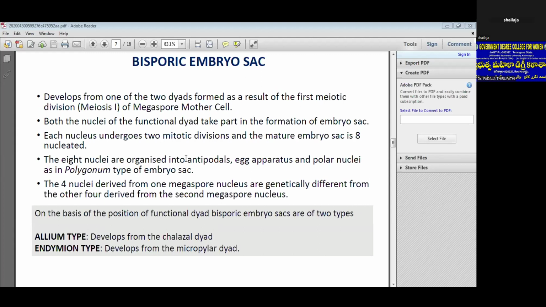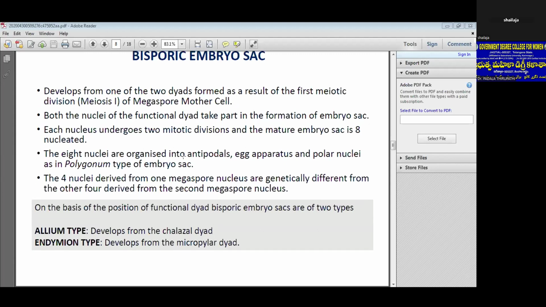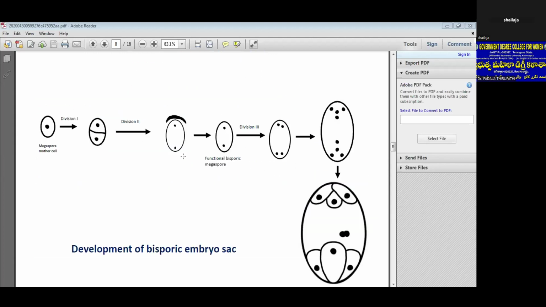In the allium type, the micropylar dyad is degenerated. In the endymion type, the chalazal dyad is degenerated. That is the difference between the two. So these are the bisporic embryo sac types.